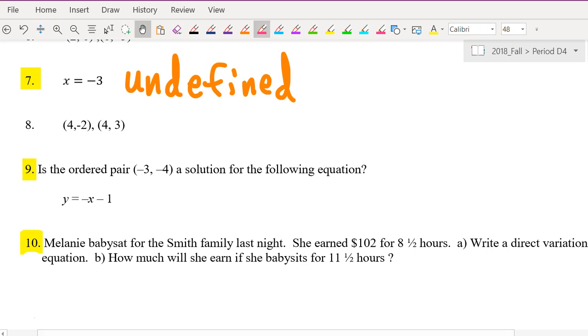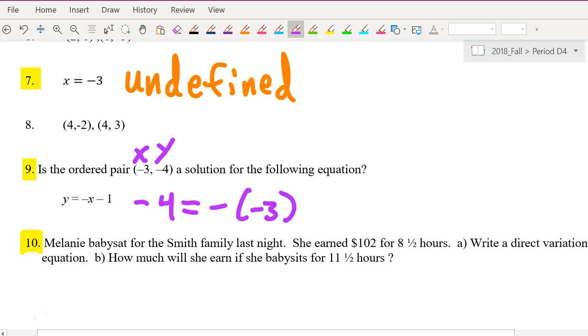Okay. Is the ordered pair a solution? So what we're going to do, which one is the x? Yeah, and which one's the y? Right, so we're going to just substitute it in. Negative 4 equals the negative of the opposite of negative 3, minus 1. All right, so negative of negative becomes a positive. So that means positive 3 minus 1.